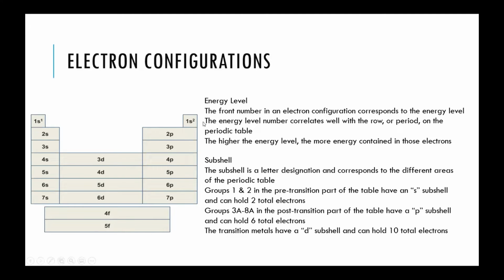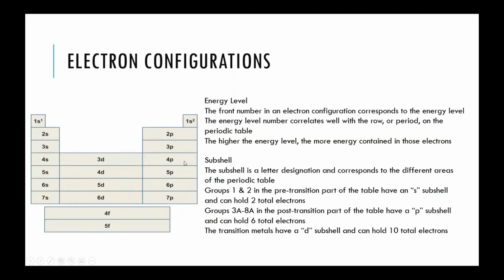The first row has an energy level of 1, the second row energy level of 2, 3, 4, and so on. The pre-transition metals have their electrons in the s subshell, and each s subshell can hold 2 electrons. There is 1 orbital within the s subshell.